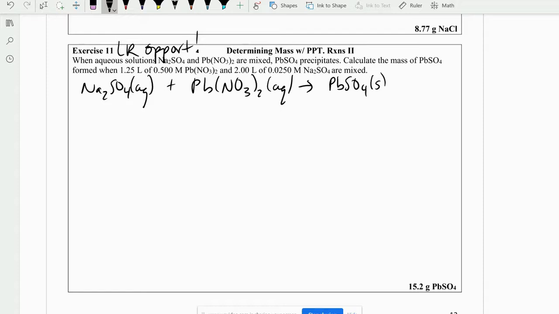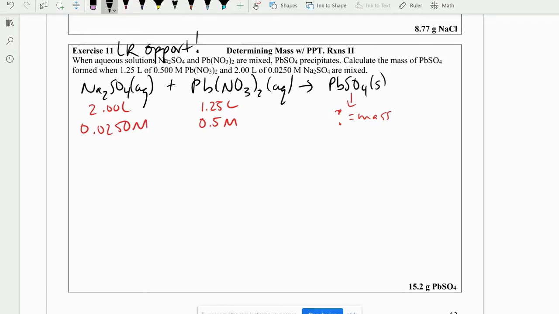It's asking us to calculate the mass of the precipitate, the lead sulfate. So I'm just going to highlight what it's asking for underneath so you can see where we're going here. Now it's saying how much of this solid are we going to form if we had 1.25 liters of a 0.5 molarity lead sulfate solution and 2 liters of a 0.025 molarity sodium sulfate solution.